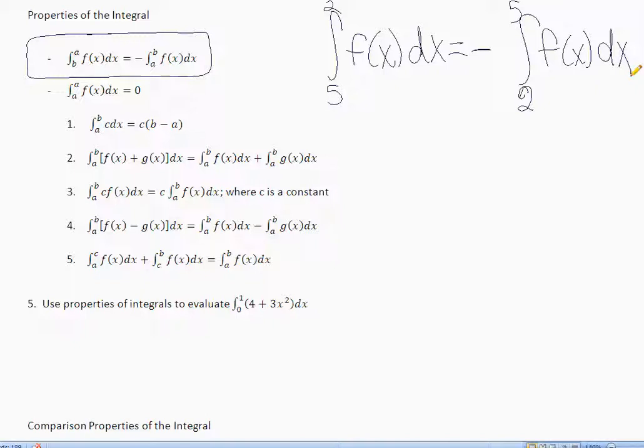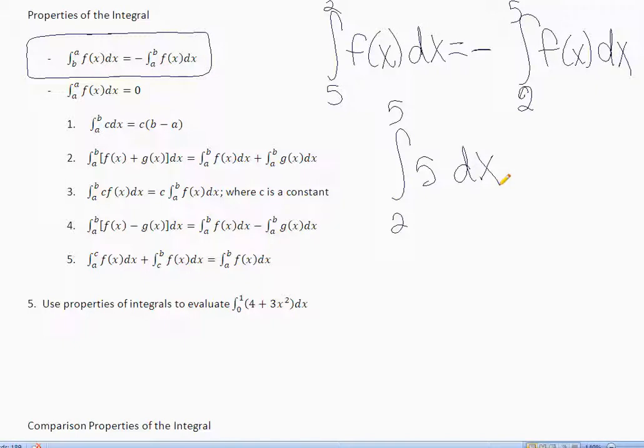Okay? Why? Because if you go from 5 to 2, all of your delta x's would be negative. So if I just take that negative out, I could switch them and now do it regularly. If I go from a to a, obviously I get 0. If I'm going from 2 to 2 or 3 to 3, it's always going to be 0. Okay? If I'm just finding the integral of a constant, that's important too. Number 1 is saying, if I just want the integral from 2 to 5 of 5, what is that really saying, guys?